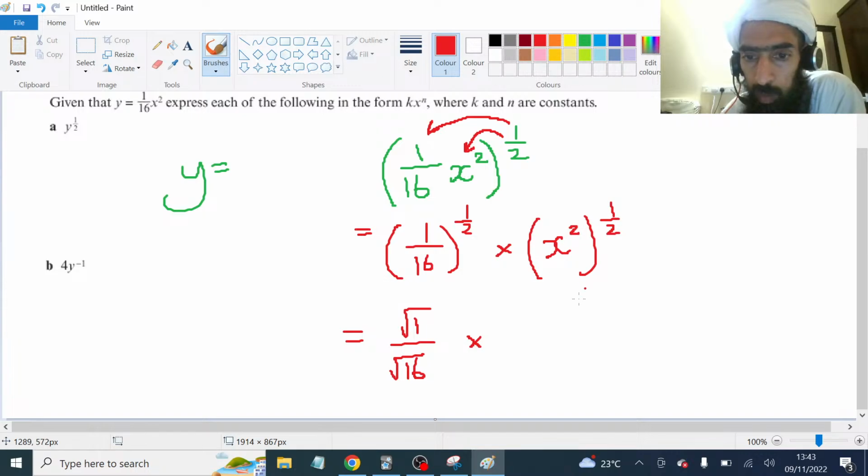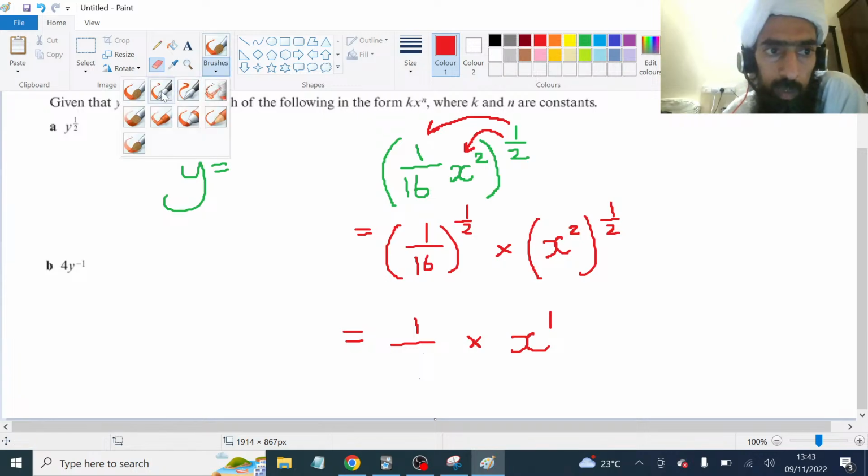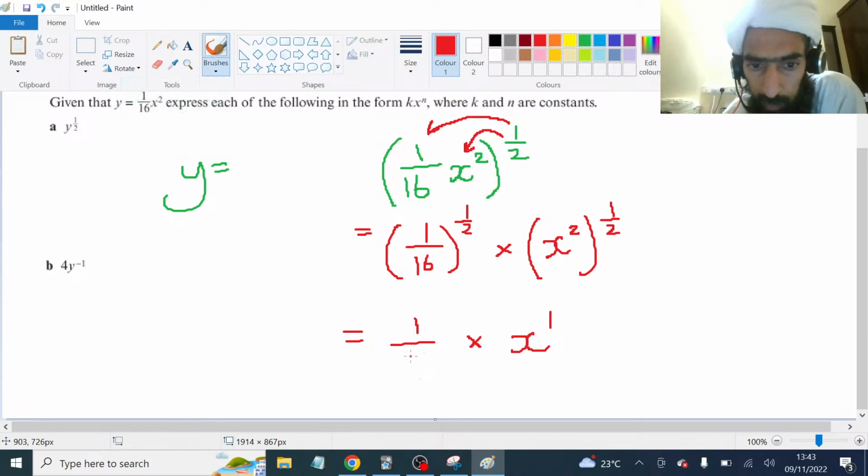So 2 times a half, that's 1, so that becomes x to the power 1. Square root of 1 is just 1. We can put plus and minus, but I'll just leave that out for now. And square root of 16 is 4, so that can be written as plus or minus 4. But in these type of questions, you don't really need to worry about the plus or minus, so it's okay to put it as 4. So the final answer is 1/4 x.